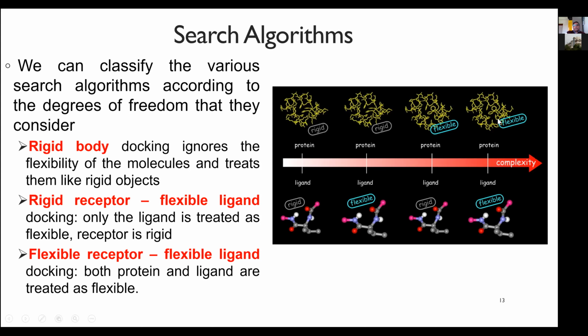Because protein is a macromolecule, it will be having n number of rotatable bonds. So ultimately, it will be computationally very time consuming and expensive.